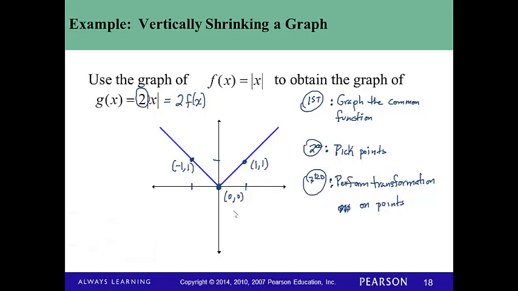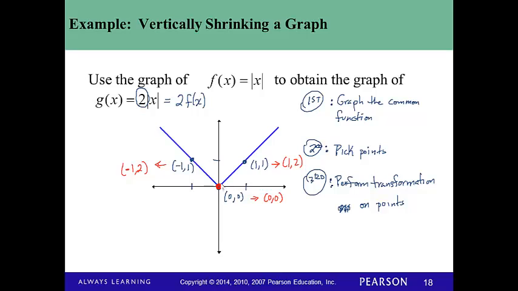So (0, 0) has just become (0, 0) still. (1, 1) becomes (1, 2). And (-1, 1) becomes (-1, 2). And then we graph.